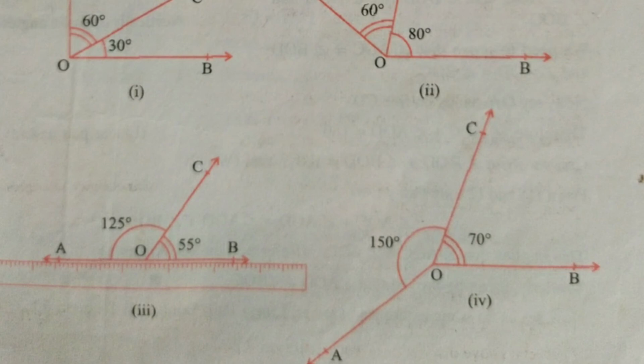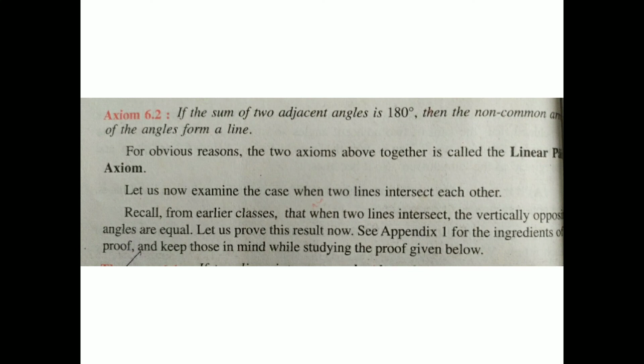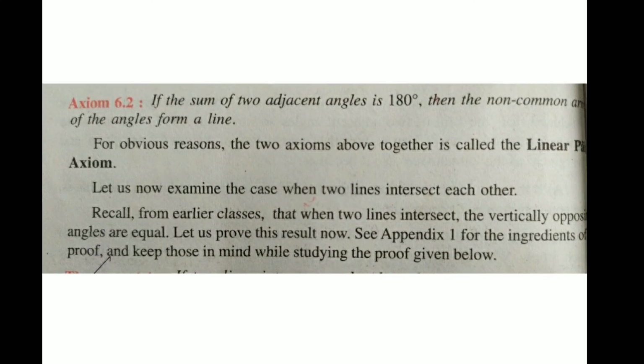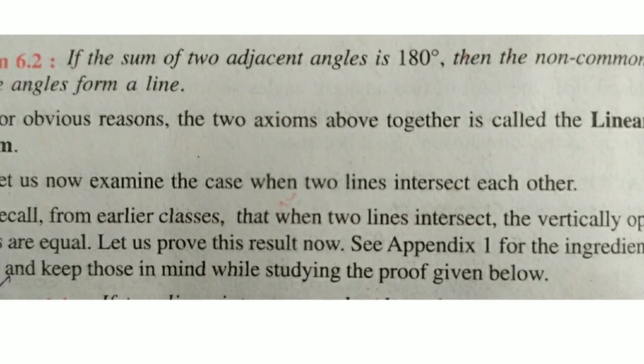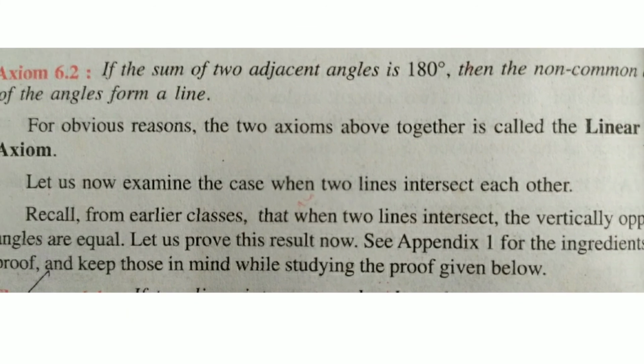This is an axiom. The second axiom is that if the sum of two adjacent angles is 180 degrees, then the non-common arms form a line.